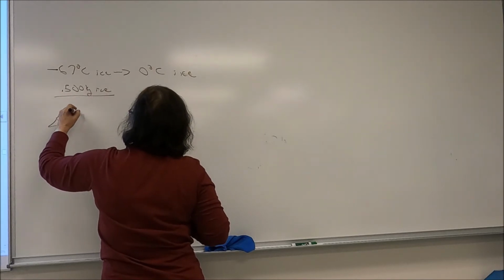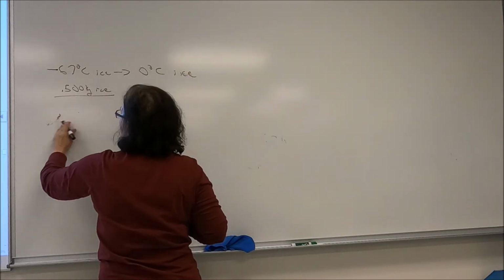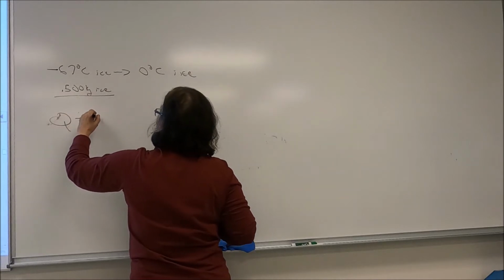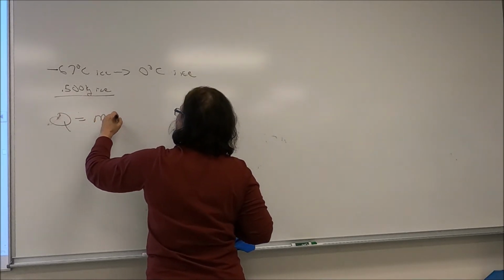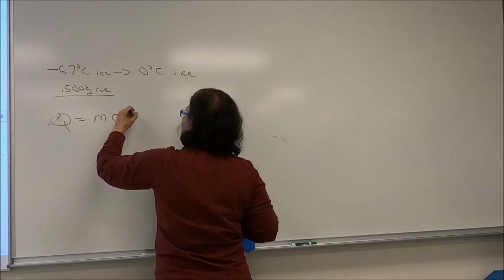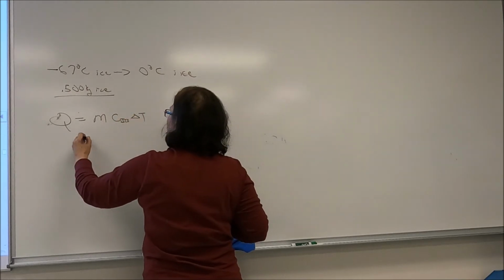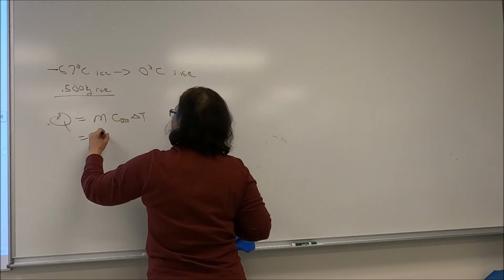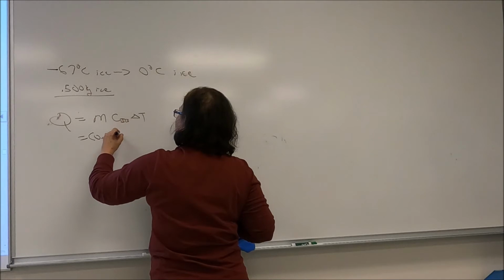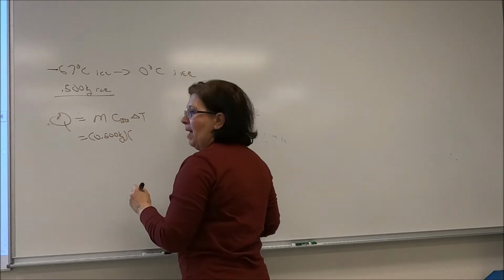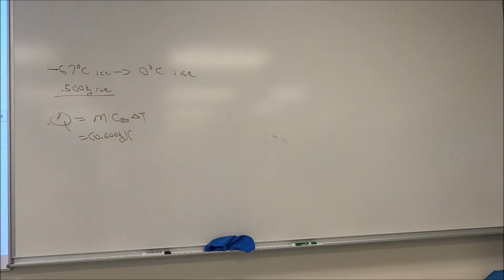So Q here, to do this, is going to be the mass of the ice times the heat capacity for ice, times the change in temperature. Well, the mass is 0.500 kilograms. The heat capacity for ice, I'll have to roll this down.